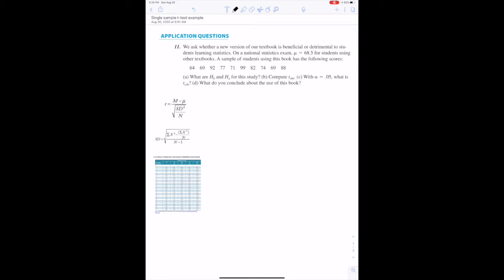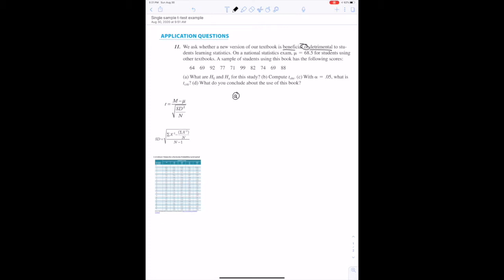The first question is, what are the null and alternative hypotheses for this study? So that's A. A couple of things I want to point out to you. It says we're asking the question whether our new version of our textbook is beneficial or detrimental. That word or is important here. This is a two-tailed hypothesis, meaning we're not predicting whether it's better or worse. We just want to predict whether it's different.